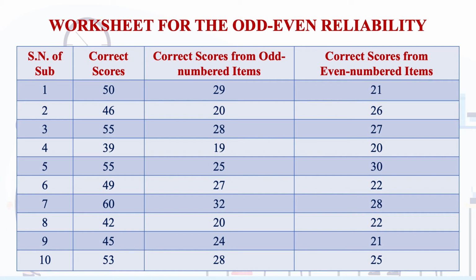In this way you can find two groups of scores. So earlier there was one group of scores, and now you have made it two groups. After doing this, you have to use the formula, and that gives the reliability of the whole test.